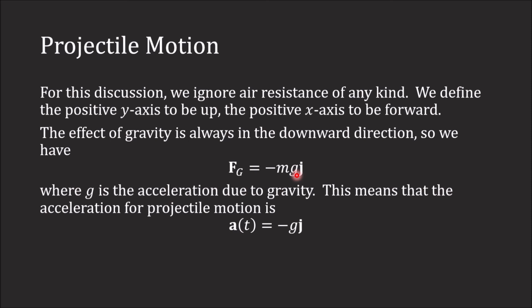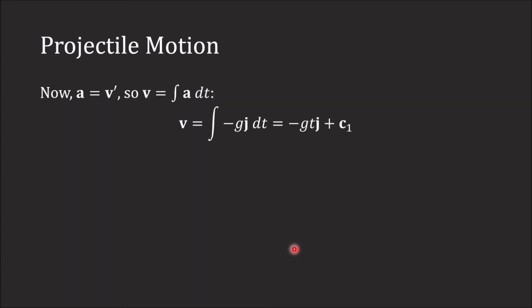So the acceleration for projectile motion is simply negative g j hat. We now want to solve for position. Well, a is equal to v prime, so v would be the antiderivative of acceleration.